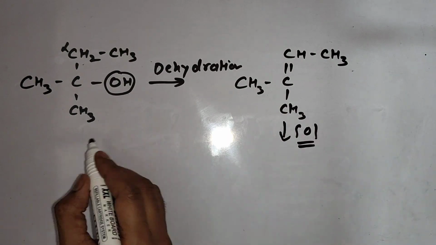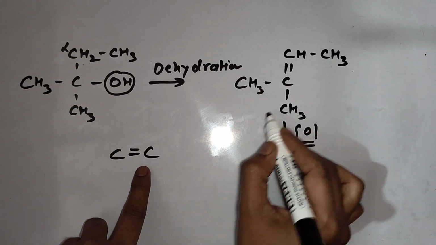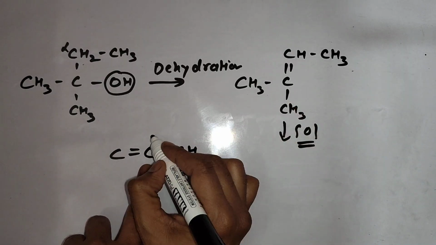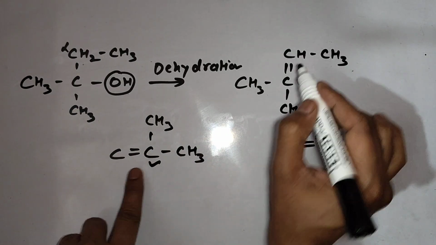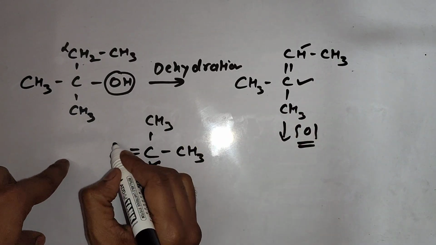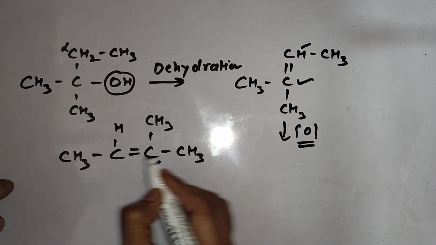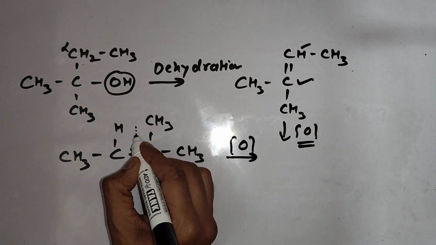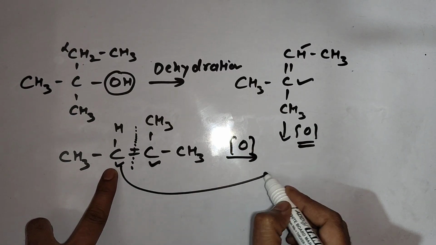To understand it, let's write it in a perfect way. This carbon is connected with CH3 and one more CH3 here. This carbon I am writing here. This carbon has one hydrogen. Let's write one hydrogen connected with CH3 like this. So how to do its oxidation, alkene oxidation? You need to break from the double bond. This carbon you will oxidize separately.